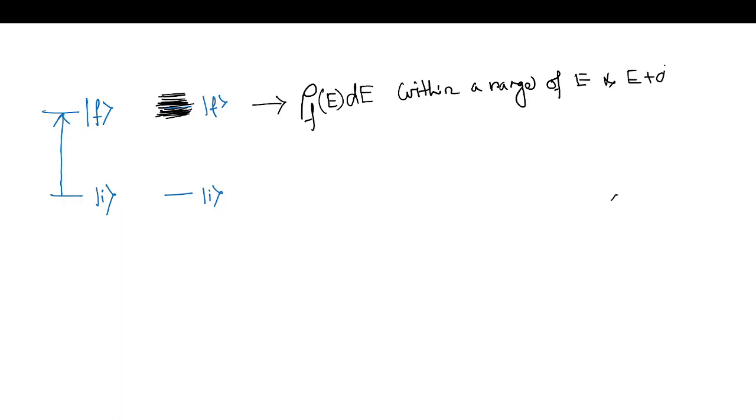So the basis of considering this is that the transition dipole moment on exciting from I to F will not change within this energy range. And the second thing is that the change in wave function within a little bit of change of energy is negligibly small. There is actually no change in wave function. Using this approximation, this transition is valid.